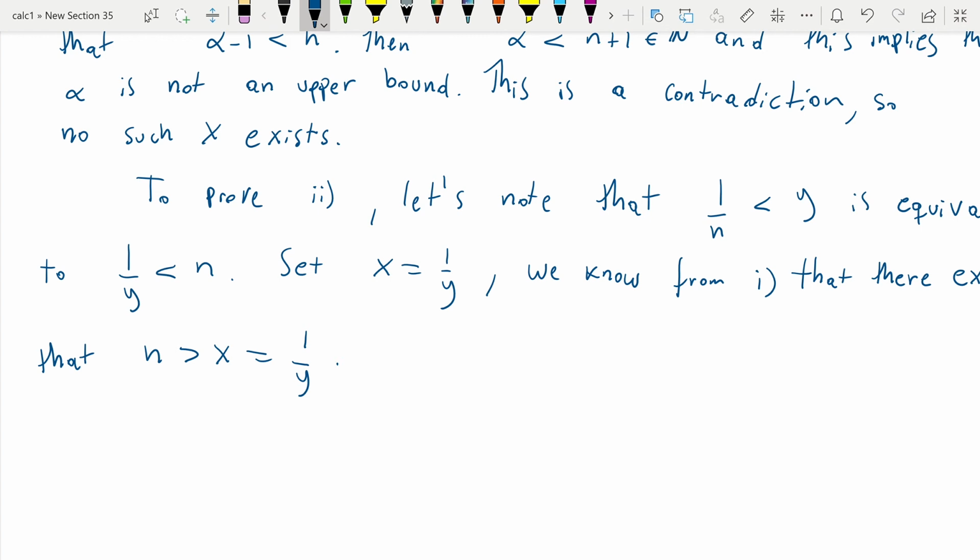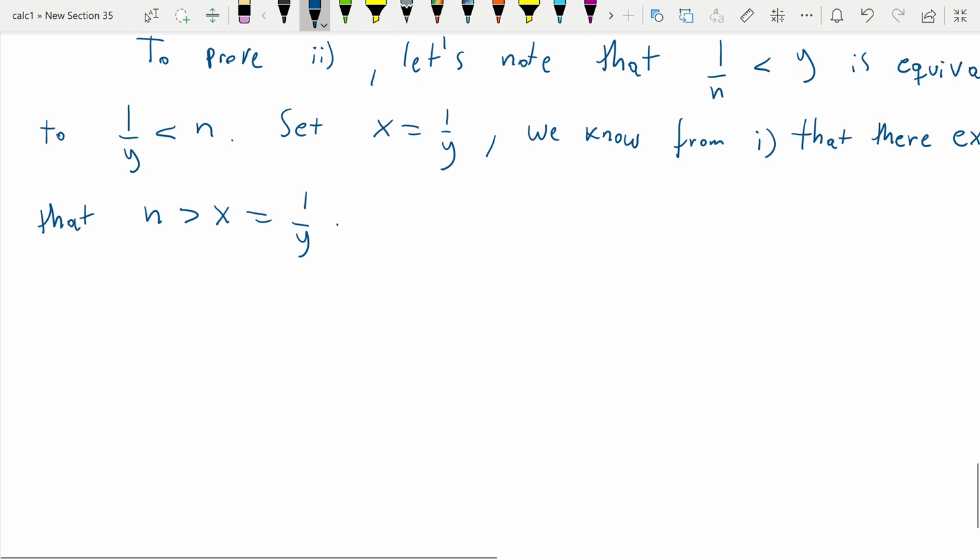So given y, remember what's given and what you need to find. We are given y and we're asked to find an n. And this is exactly what we've done. Now, with these two things in place, we are ready to prove the density of Q in R, which is a major thing. So this is what we're going to be doing next.